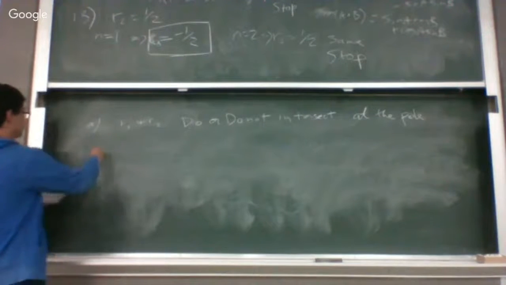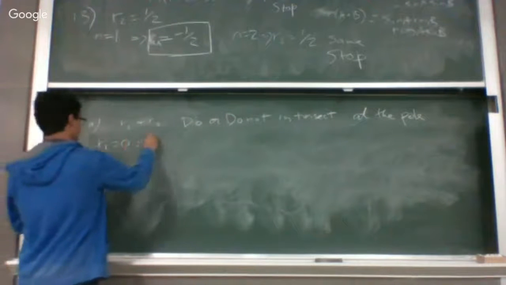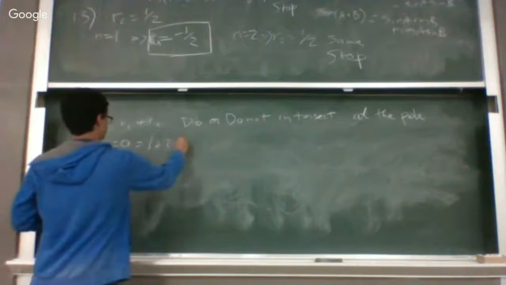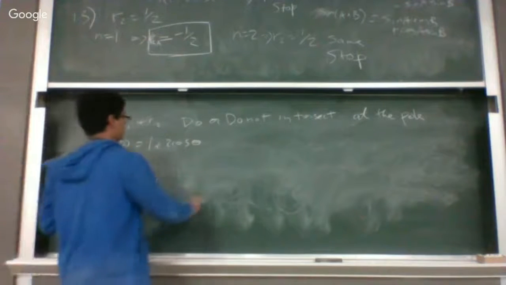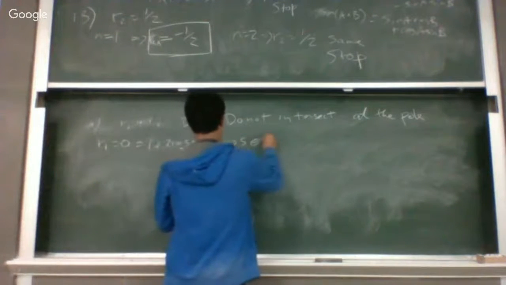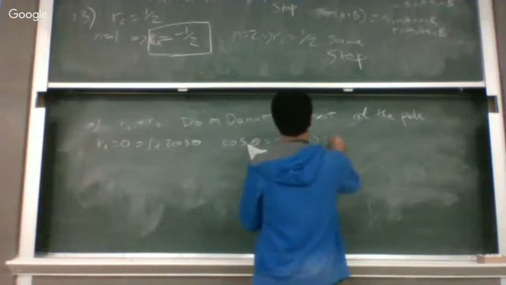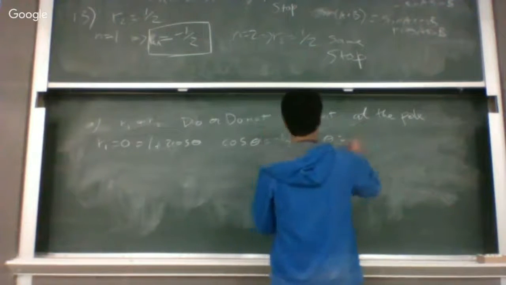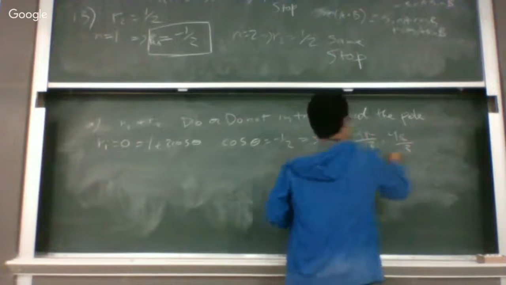So for part A1, or r1 equal to 0, we get 0 is equal to 1 plus 2 cosine of theta. And we did that actually in a very earlier problem. We got cosine of theta equaling -1/2. Therefore, theta is equal to 2 pi over 3 and 4 pi over 3.